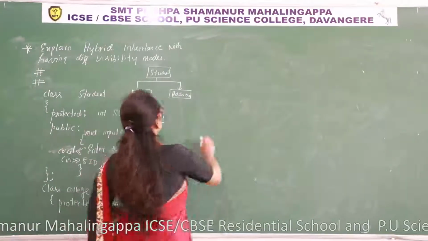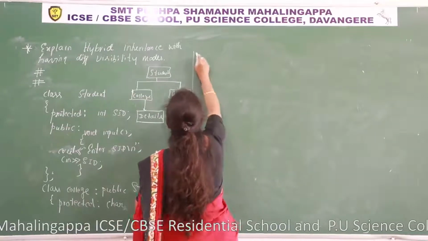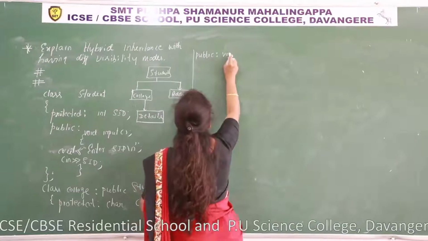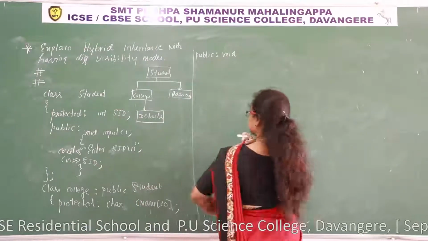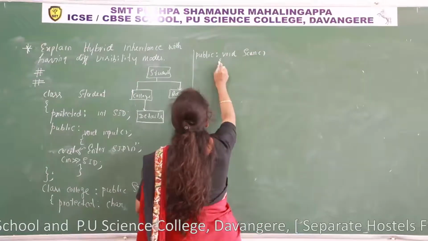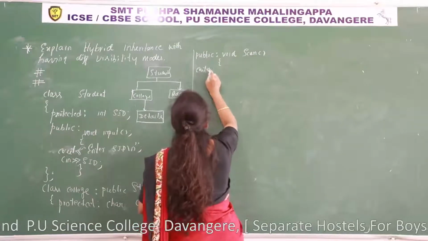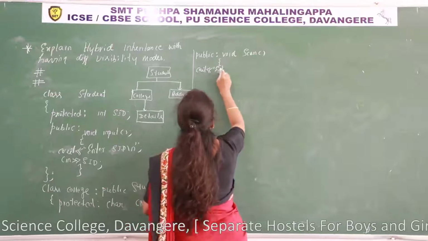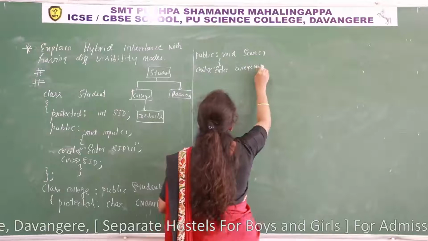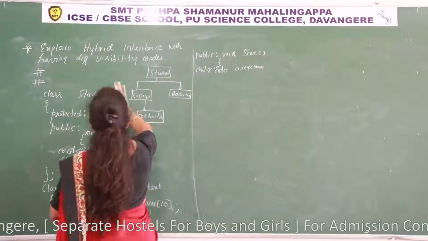Now in the public section, public void scan, I'll take as the name of the function. Cout, enter college name. Instead of student ID, I'll take student name.